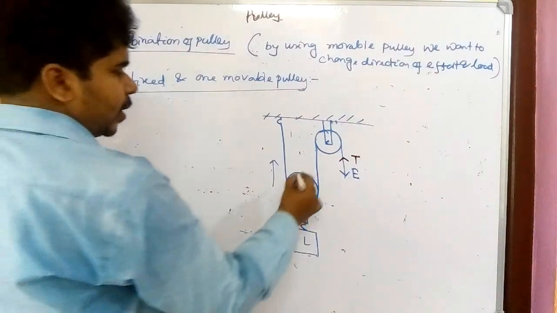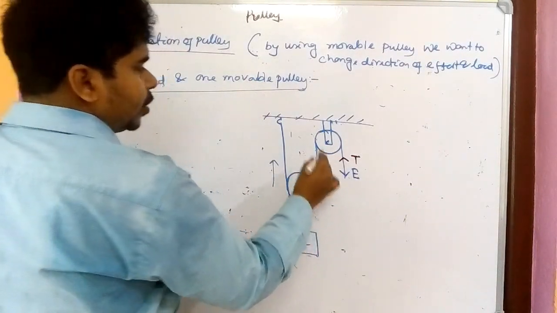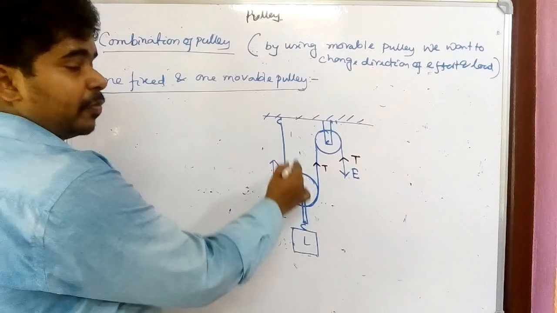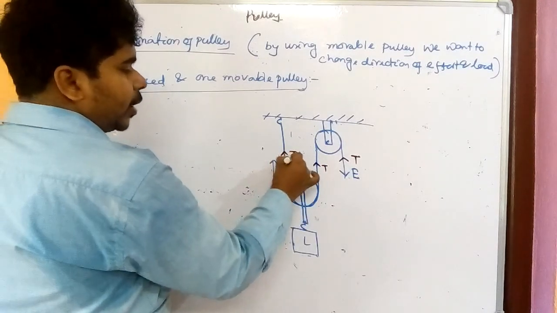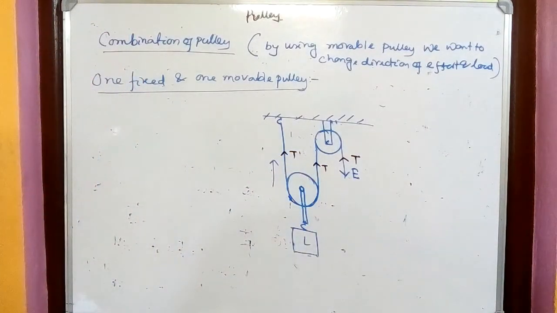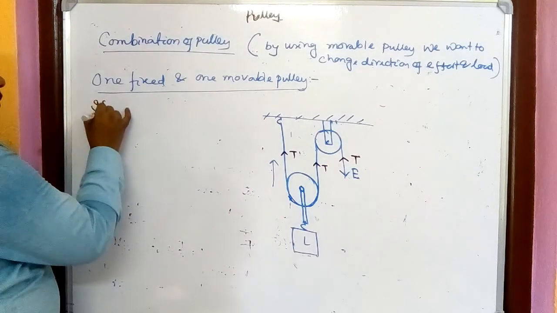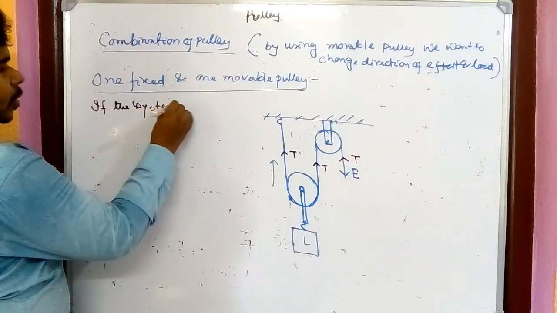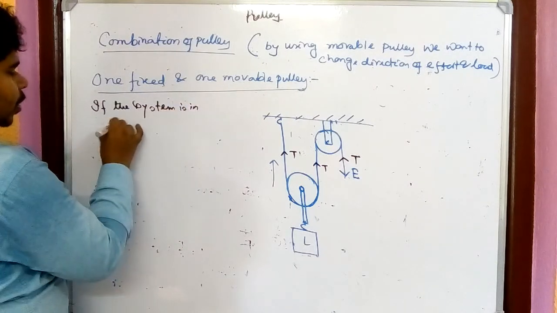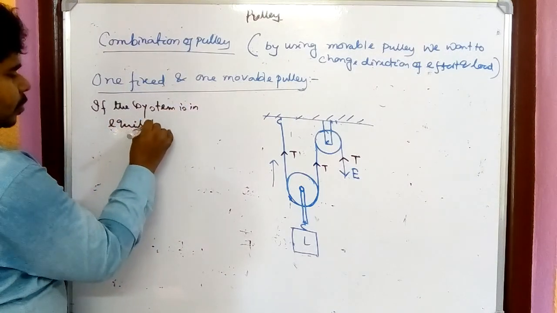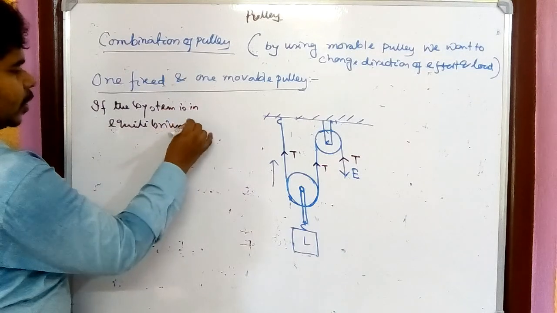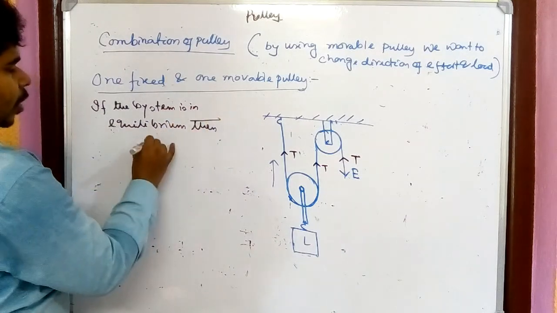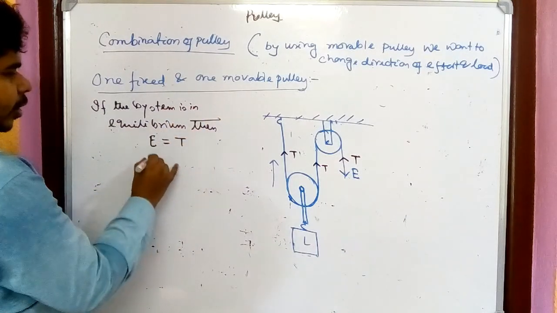Simple thing to balance it. Here also, to whichever direction the string is fixed, the tension will act in that direction. Okay. So, if the system is in equilibrium, then effort is equal to tension, and load is balanced by two tensions.